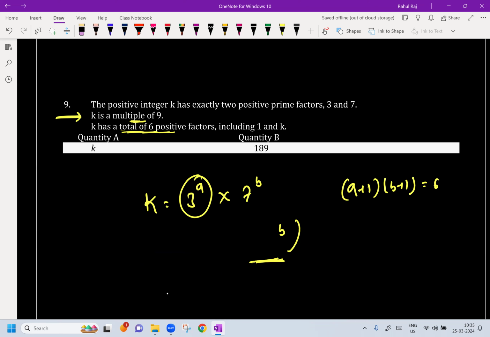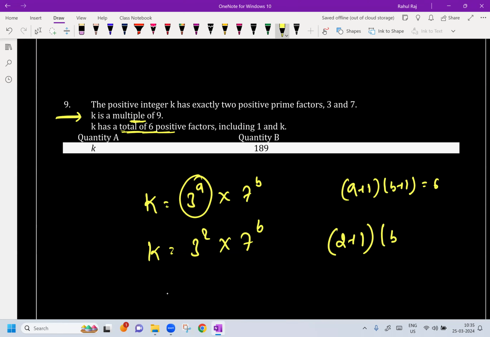So now my number is K equal to nothing but 3 square into 7 to the power B. So it means that 2 plus 1 into B plus 1 is equal to 6, right? Agreed?